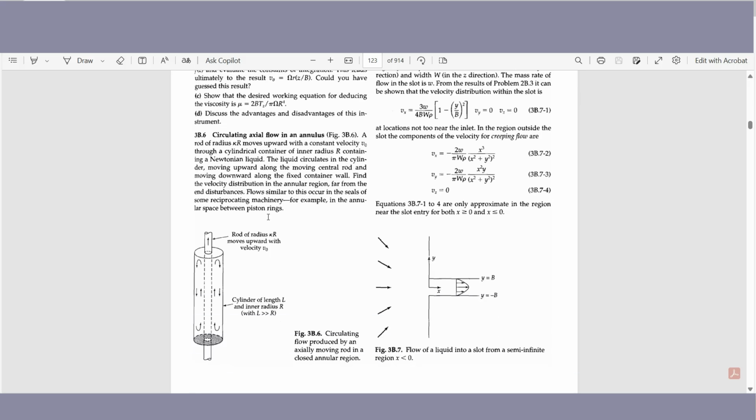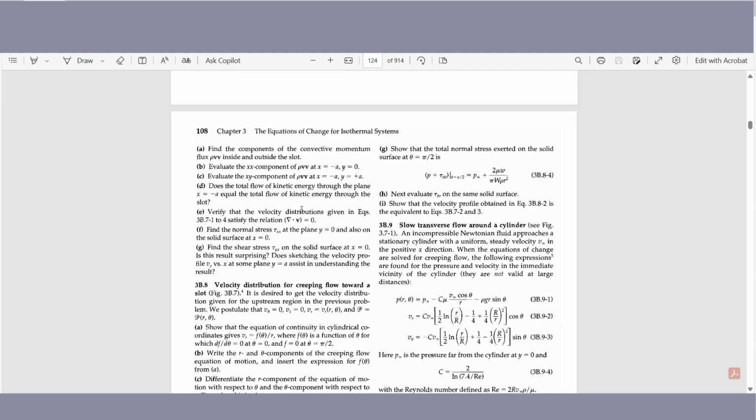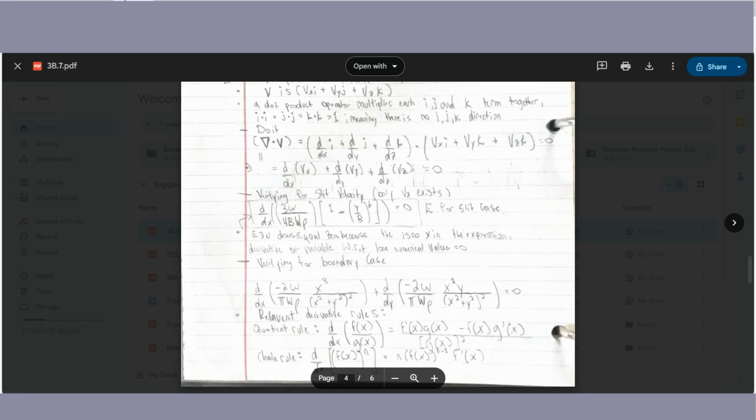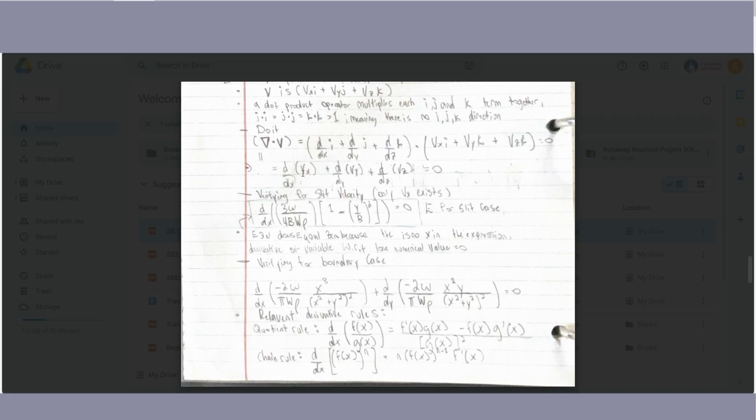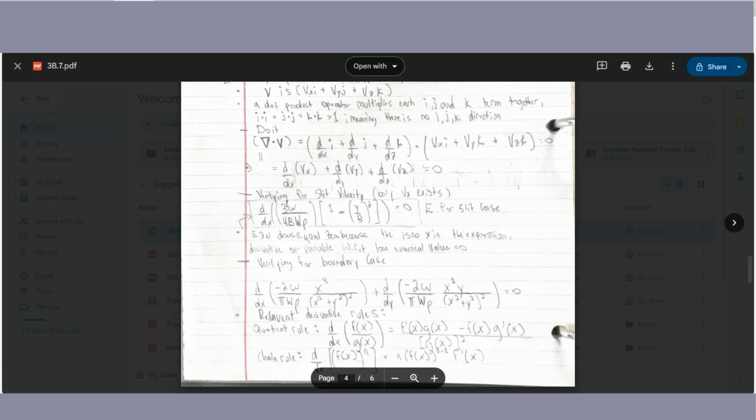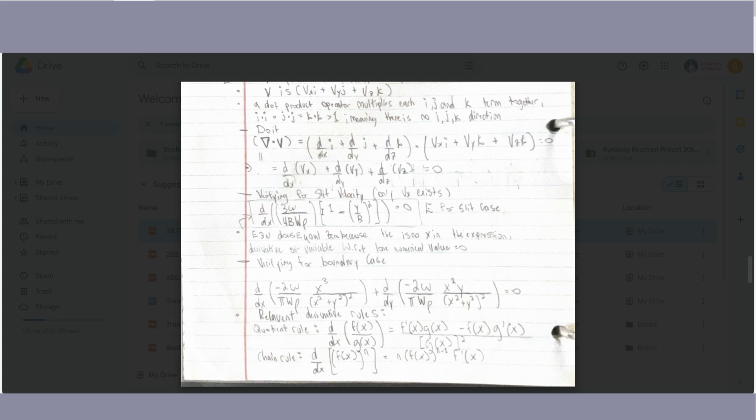Part E. Yeah, verify the velocity distributions satisfy the relation that equals 0. So the sum of all of the derivatives has to be 0. In this case, there's only one equation, and since we're deriving in terms of x, and there's no x in the equation, you can just treat this as a constant because there's no variable of interest to be derived.